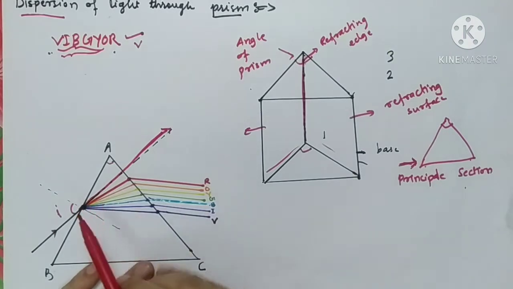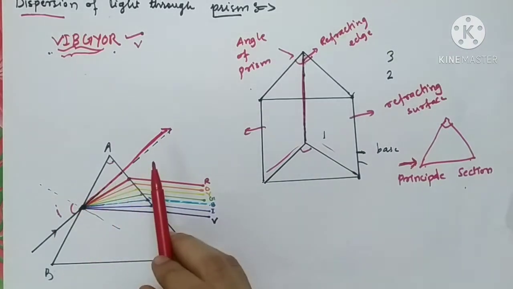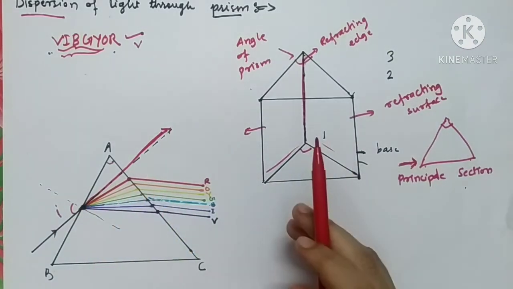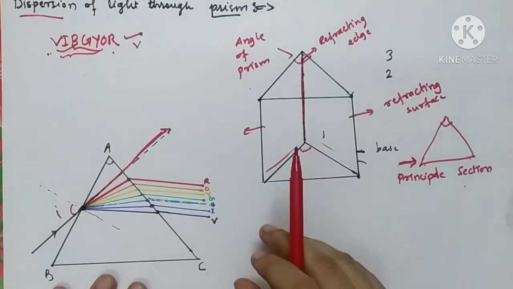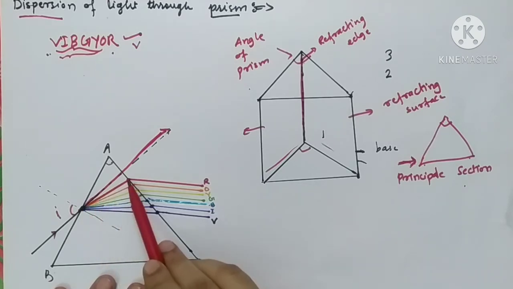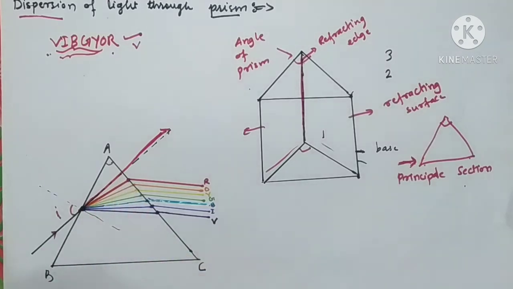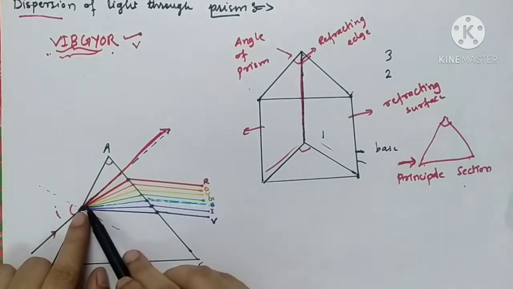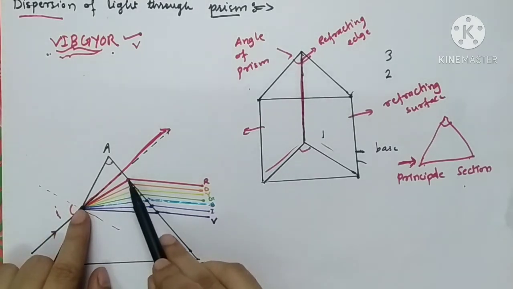So the red color, being highly speeded up here at this point, will suffer very little deviation from the original path. Here we have taken red color, it will be deviated like this.